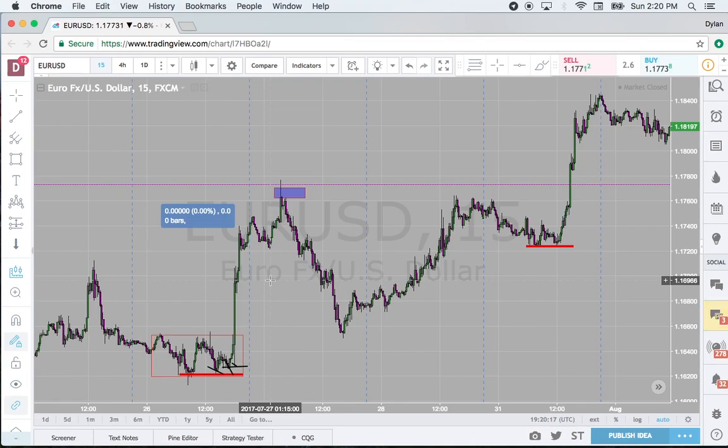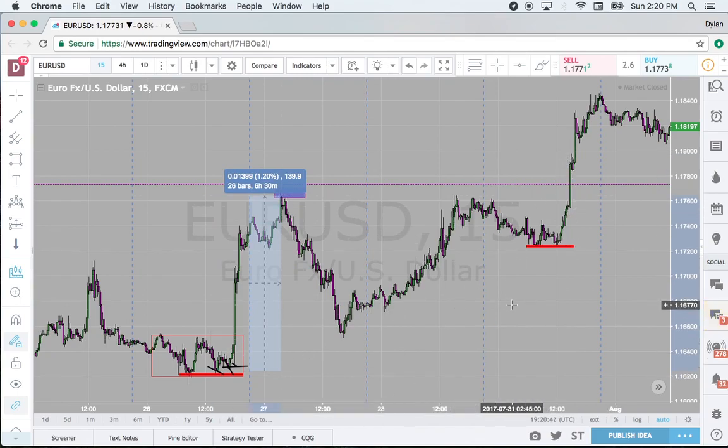Some retail traders think that it is not necessary, but for us it just filters out the bad trades, and we can have stop losses of 10, 15, 20 pips being hit every once in a while. But when our take profits are hundreds of pips, our risk reward ratios are 1 to 5 plus, 1 to 10, 1 to 20, then we don't have to worry about our stop losses being hit.